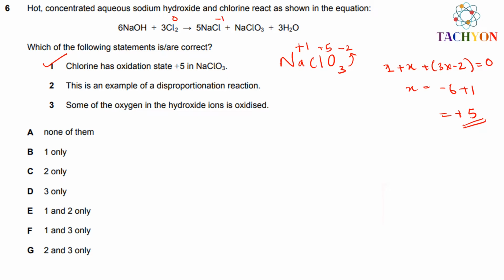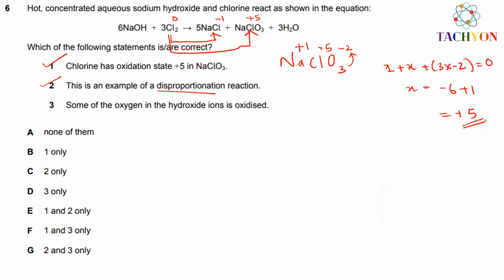In NaClO3 we discussed that it is plus 5. So if you are observing, chlorine's oxidation number decreased to minus 1, that is reduction, and it increased from 0 to plus 5. So the chlorine is undergoing oxidation as well as reduction. That is why it is an example of a disproportionation reaction.